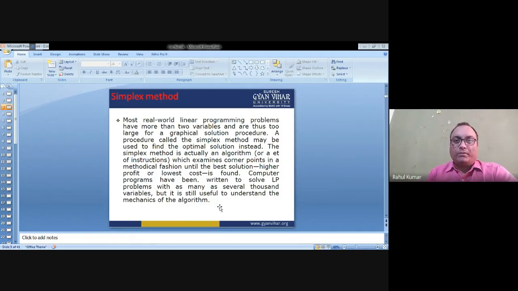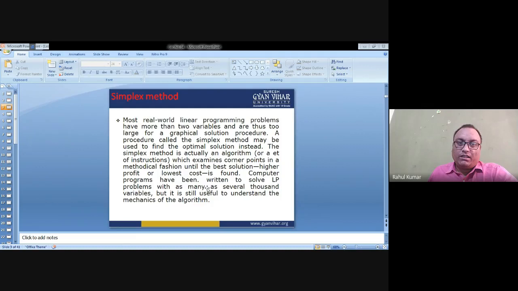The simplex method is actually an algorithm, a set of instructions which examines corner points in a mathematical fashion until the best solution is found, whether higher profit or lower cost.